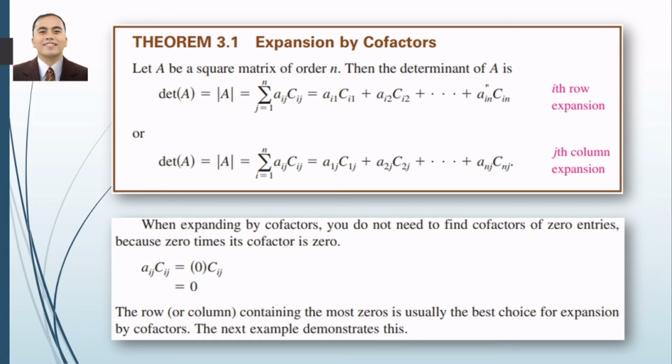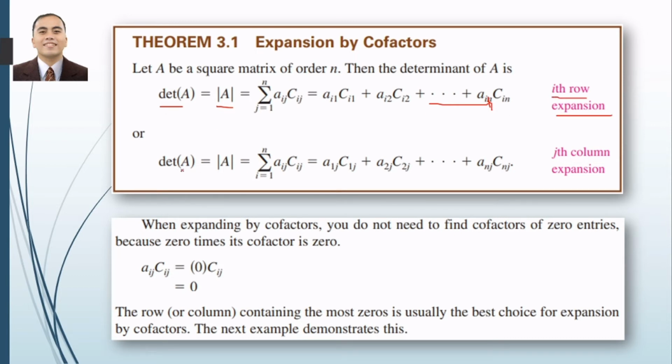Then the determinant of A, denoted by |A| or det(A), is equal to the summation of A sub ij times C sub ij from j equals 1 to n, which is A sub i1 times C sub i1 plus A sub i2 times C sub i2 up to A sub in times C sub in. This is the ith row expansion.